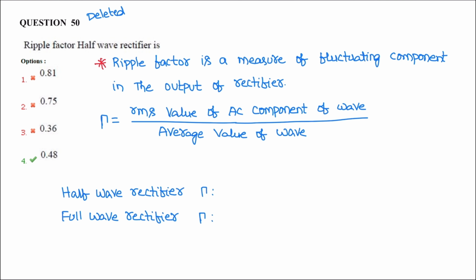The ripple factor for half wave rectifier is 1.21 and ripple factor for full wave rectifier is 0.48, whether it is a bridge type full wave rectifier or center tapped full wave rectifier. In the question they have asked the ripple factor of half wave rectifier. For half wave rectifier the answer is 1.21. So there is no 1.21 in the given options. This question is deleted from the question paper.